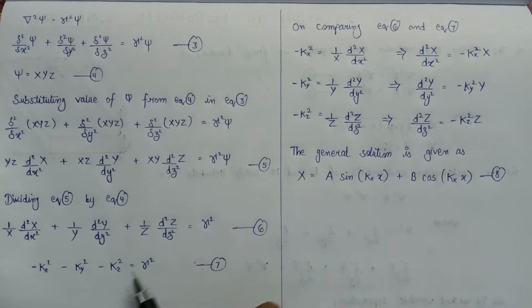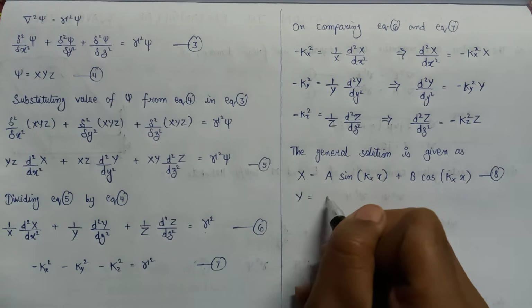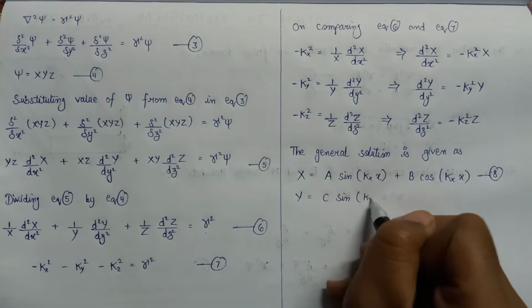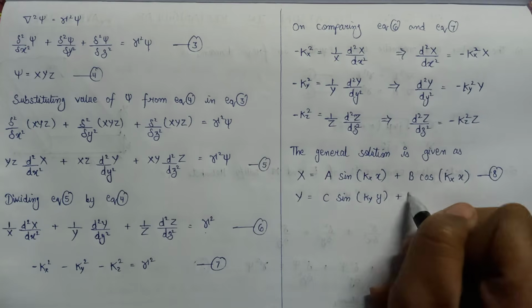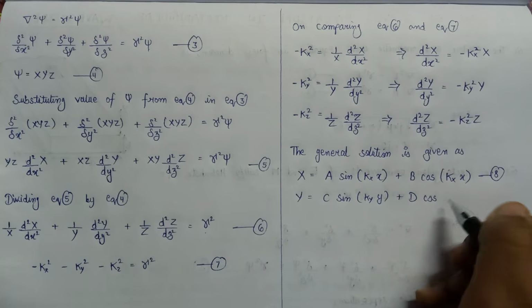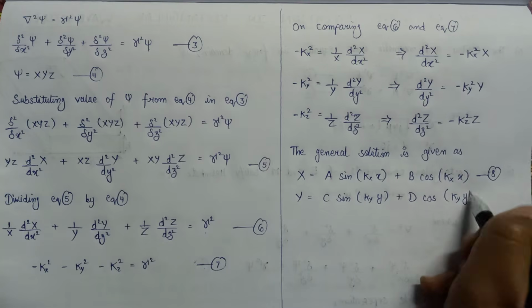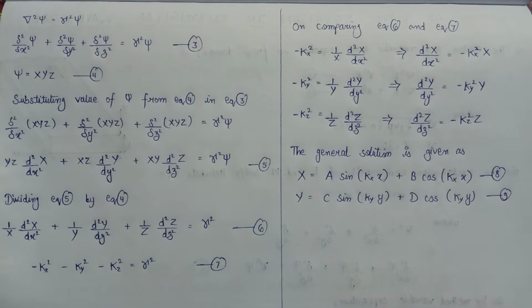Similarly, for capital Y, we get the general solution as c sin ky y plus d cos ky y. This is our equation number 9.